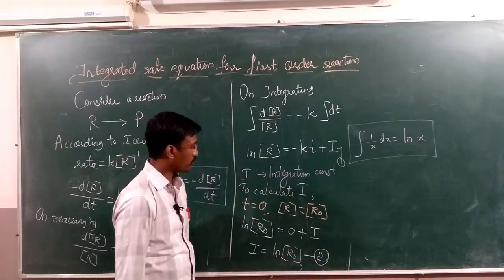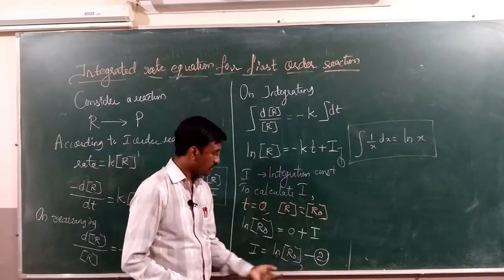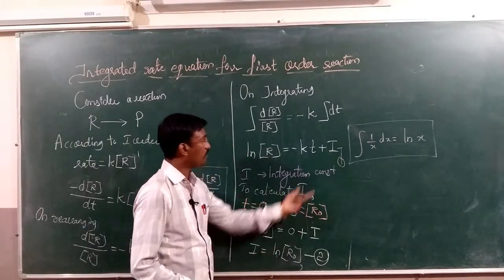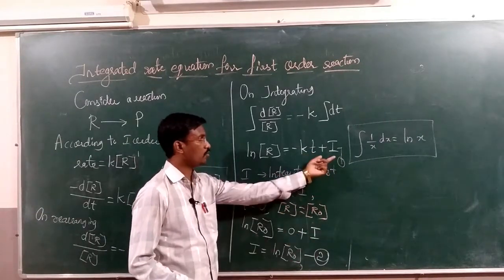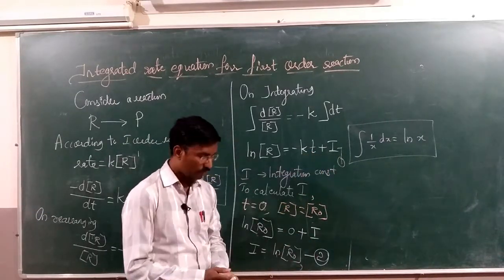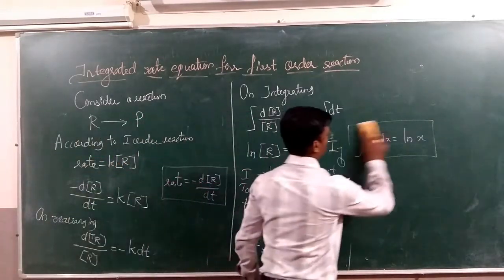So now what do we have to do? The same thing we did in the last class, that is, we are going to substitute this I value in the previous equation. Substitute equation number 2 in 1, or substitute the value of I in the above equation.